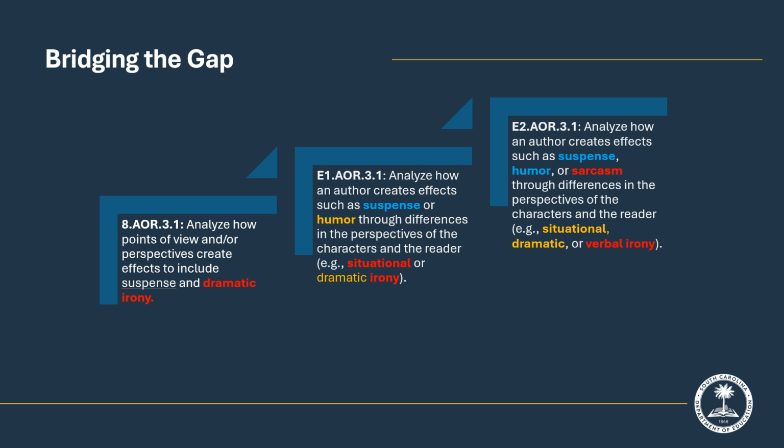Next year, English 2 students should enter English 2 familiar with these terms if the English 1 teacher introduced them. New to English 2 teachers and English 2 students in the 2024 ELA standards are sarcasm and verbal irony.